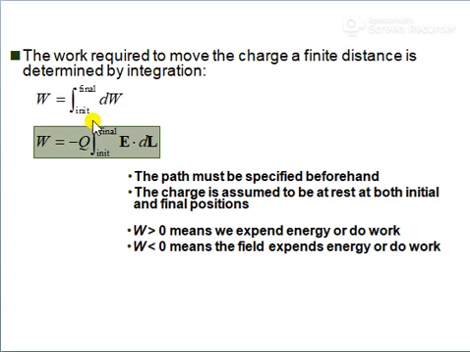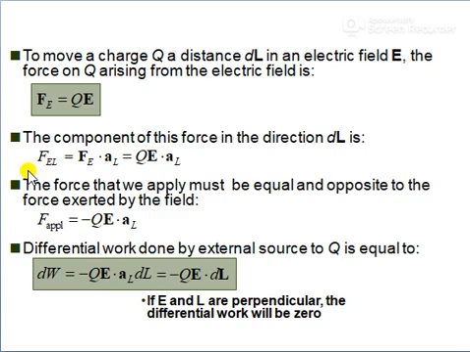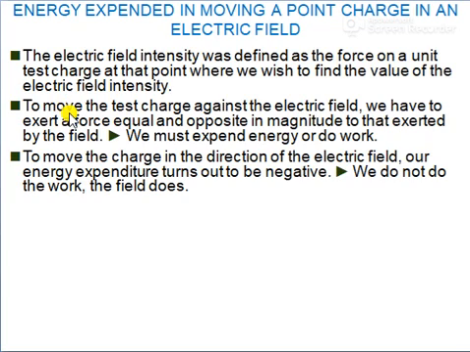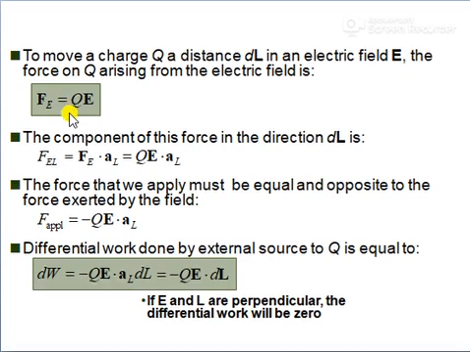So this is the topic, energy expended in moving a point charge in an electric field. Energy expended is expressed in terms of work done. The equation is W equals minus Q integral from initial to final of E dot dl. You also have the equation of differential work dW, and the force due to moving a charge, Fe equals QE. These are some important equations in this topic.